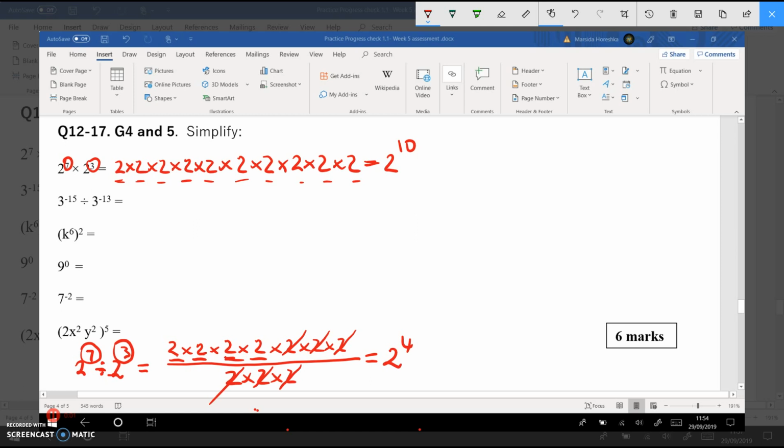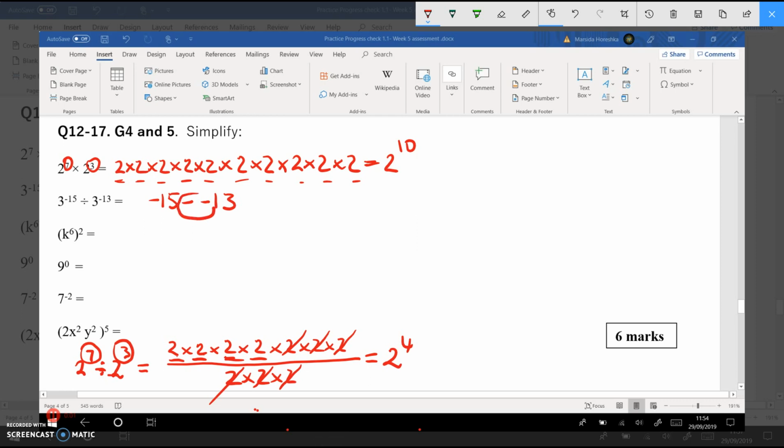Now this one is a division, the second one. Since we just said that when we divide indices, we subtract the powers, that means that to the powers will happen this. We've got minus 15 take away minus 13.